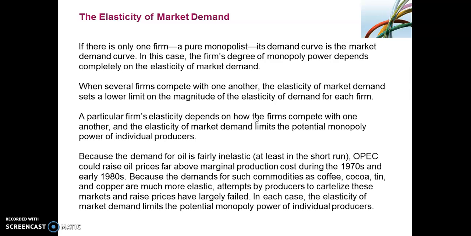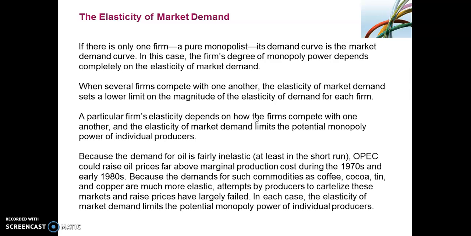However, when you have a number of firms competing with one another, as you saw in that toothbrush example, the elasticity of the market demand places a lower limit on the magnitude of the elasticity of demand for each firm. Remember, in that example, the elasticity of market demand was minus 1.5, but several firms' own elasticities for their demand curves were around -6.